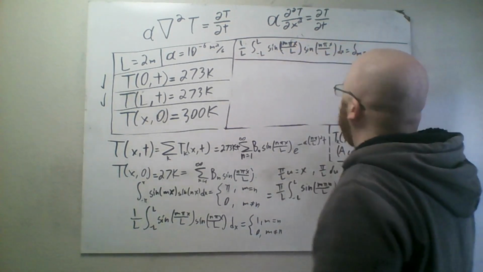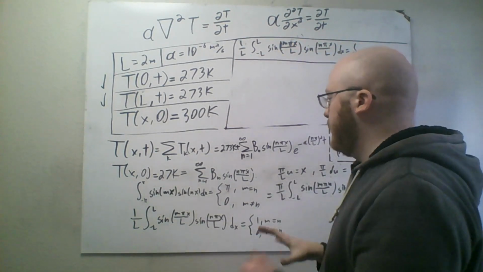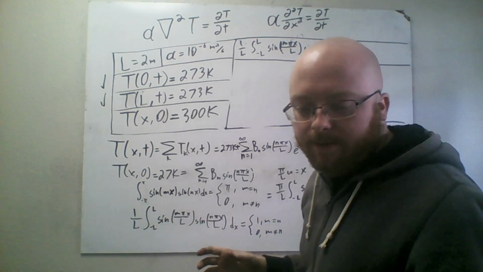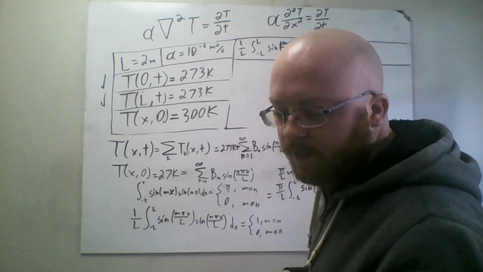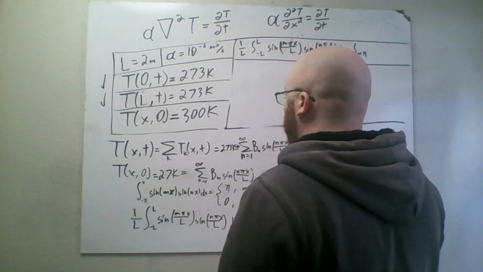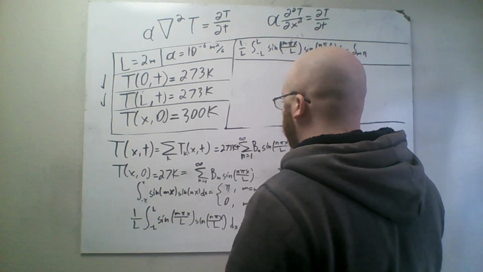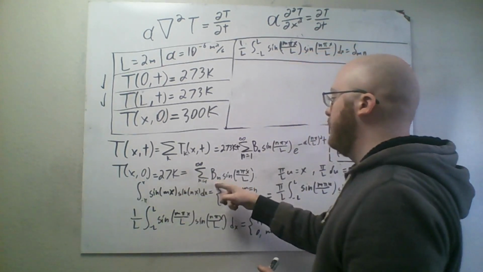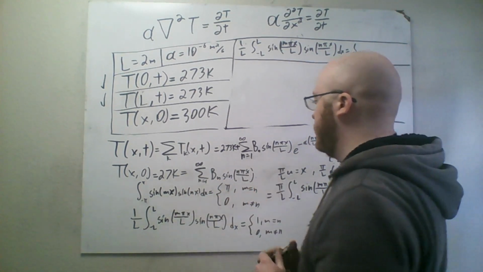let's write that. And let's assume for a moment that our function can be written in terms of sines and cosines, right? And we don't know what these coefficients are. So in this case, we have 273 Kelvin equals the sum of b_n times that.